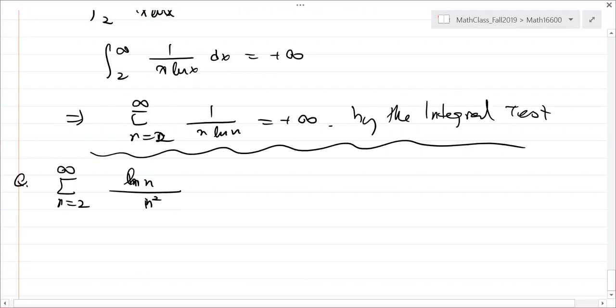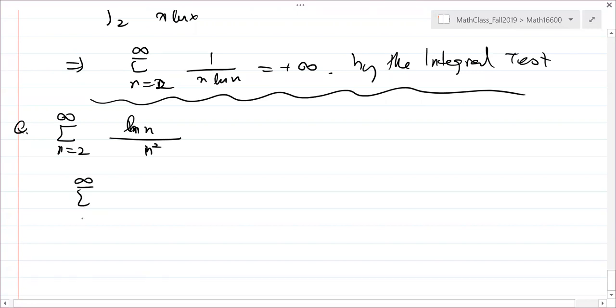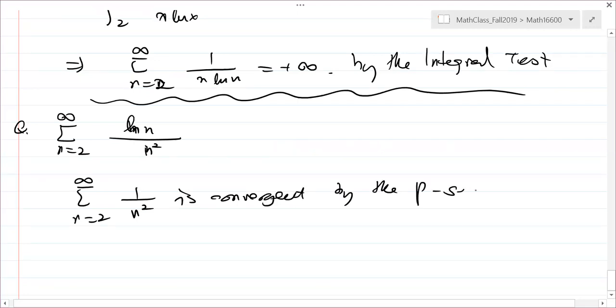This series is convergent, and I have to say that by the p-series test. But this cannot help you to answer the question, because the numerator is getting large. With the natural log of n, I want to tell you this is still going to be convergent.